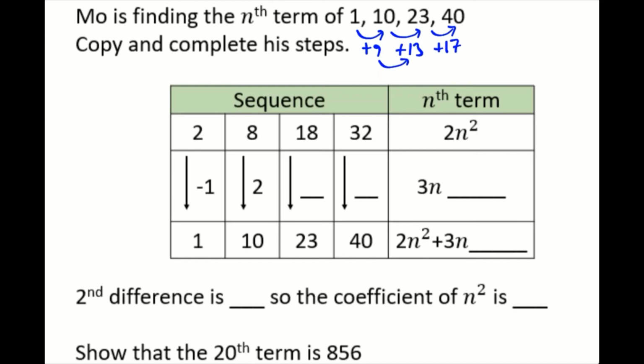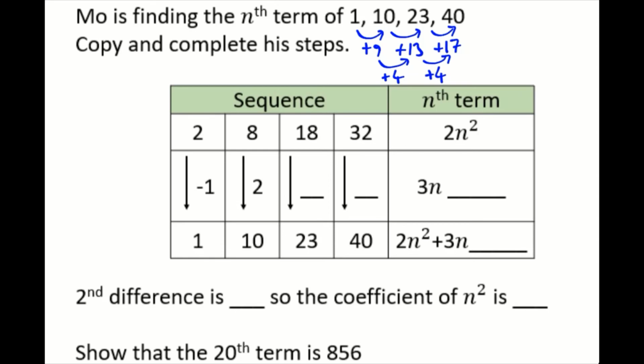But if we look at the second difference, 9 add 4 is 13, and 13 add 4 is 17. So the second difference is 4, which means half of that is 2, so we're going to start with 2n squared. So half of the second difference gives us the number of n squared.